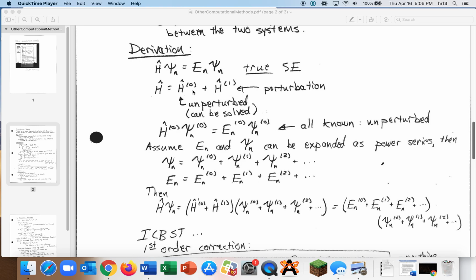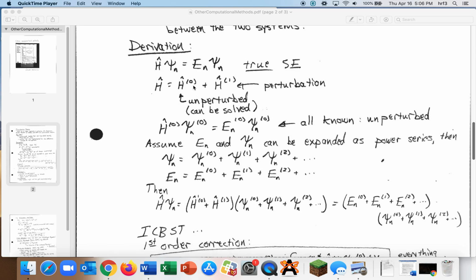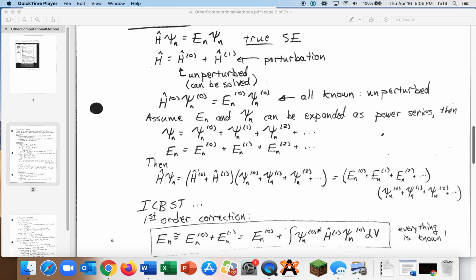So we call this h hat naught and h hat 1. And the h hat naught is the unperturbed system that we can solve. And the rest is then the perturbation. So we know that there is a Schrodinger equation for the unperturbed system, that everything is known.